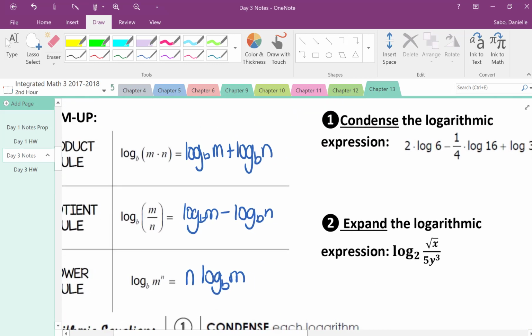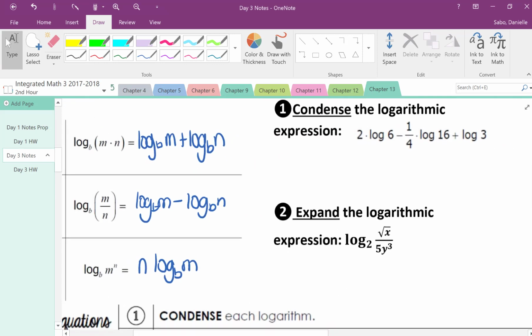Okay, now I want you to take a second and see if you can do these. Again, take your time. Well, not too much time, but see if you can break it apart. It's going to be log something.